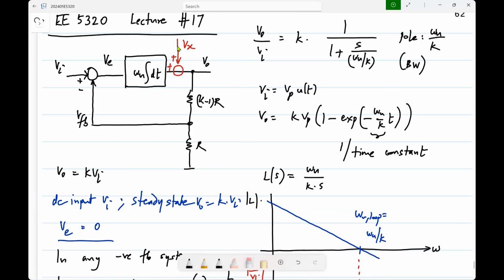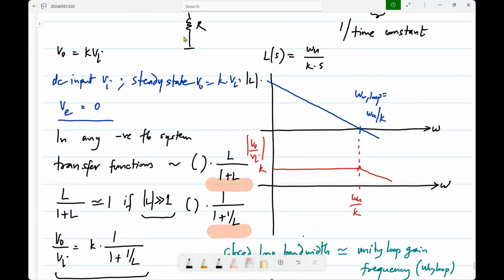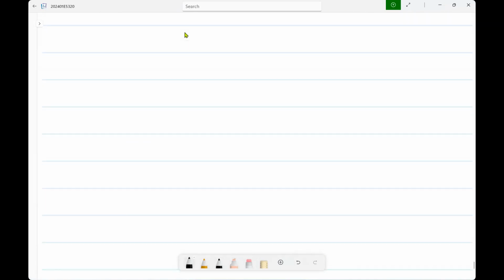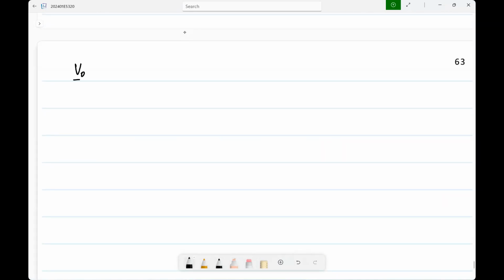What do you guess it is? 1. Why? Yeah, basically feedback goes away, right? Vx appears directly at the output. Okay. So, if you evaluate it, you will see that V naught by Vx will be S by, I'll write it like this.